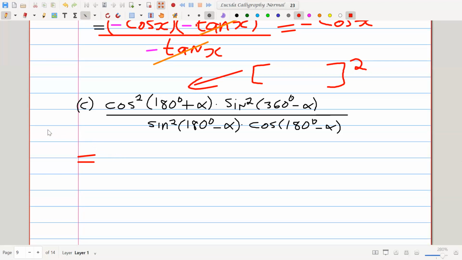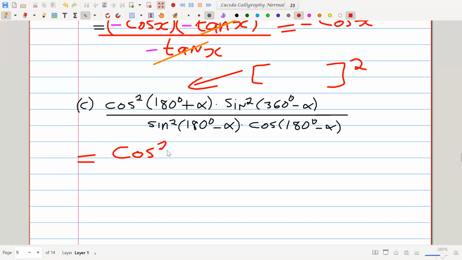Okay. And then this one will be the cos. And then remember this. We're thinking about 180 degrees plus. So that means we are looking at the third quadrant. So this is a square. Pay attention: when you square something, you'll always have something positive.